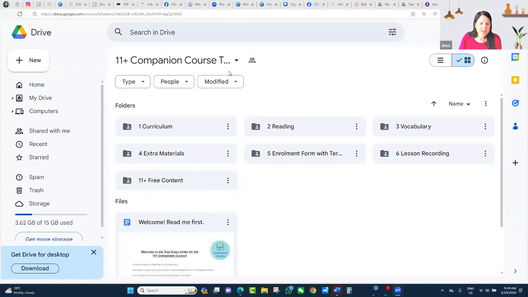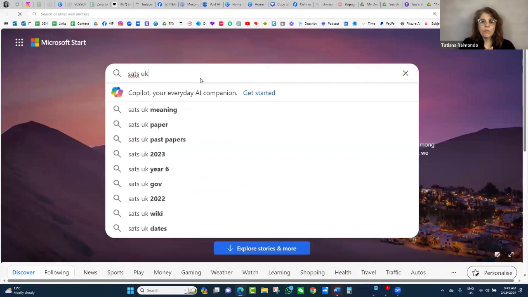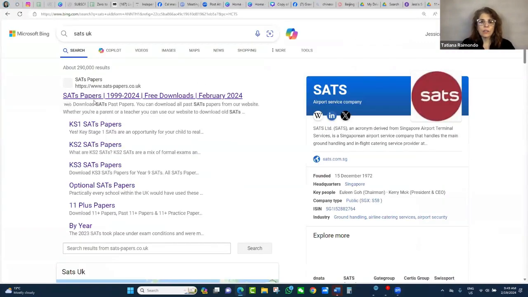All right, let's have a look. When you say SATs, are you referring to, oh, okay, so Tatiana, SATs, I think America also has SATs. Tatiana, what age do kids write SATs in America? Well, I think it's different. The SATs are for high schoolers going into college.